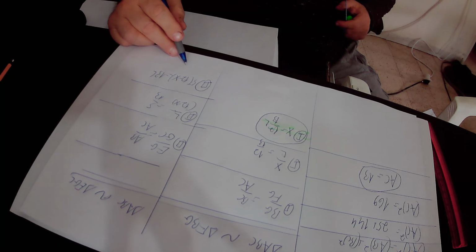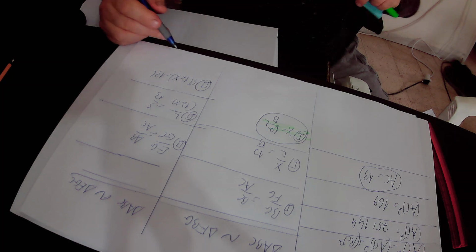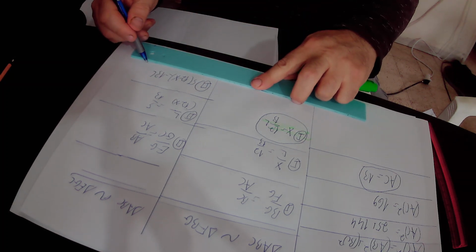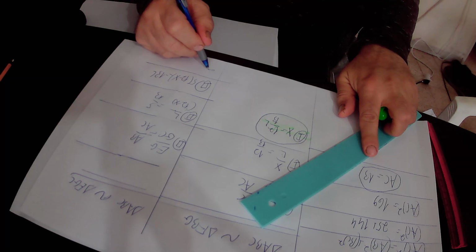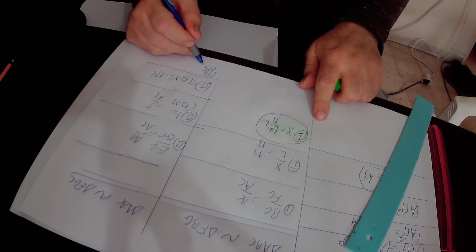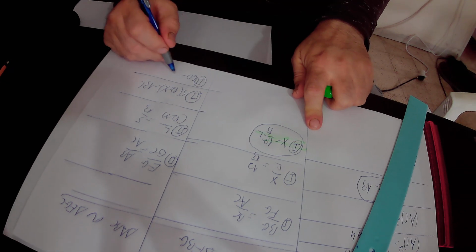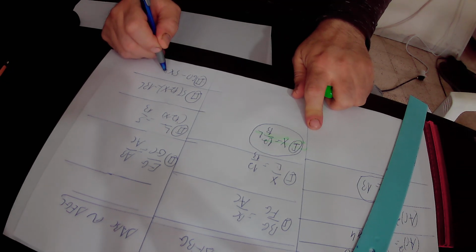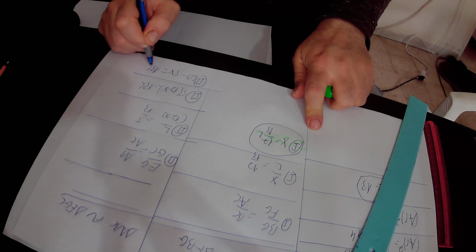Here we open the brackets on this side of equation 2, and we get 5 times 12 is 60, 5 times minus x is minus 5x, and it equals 13L.